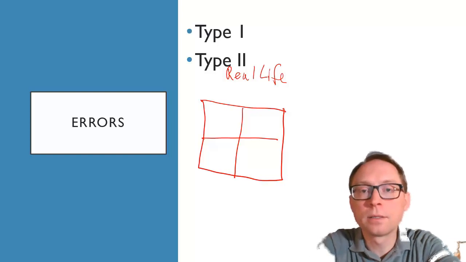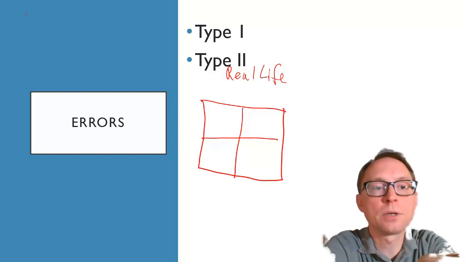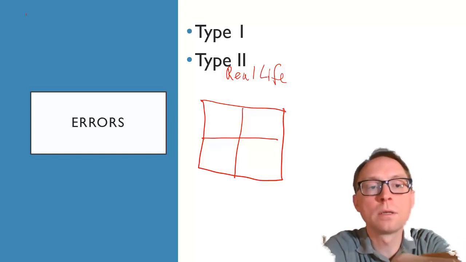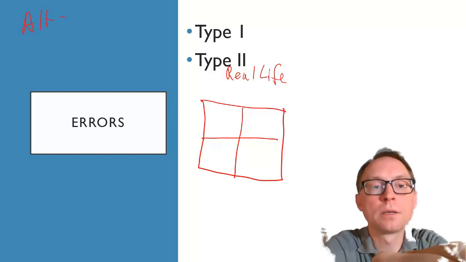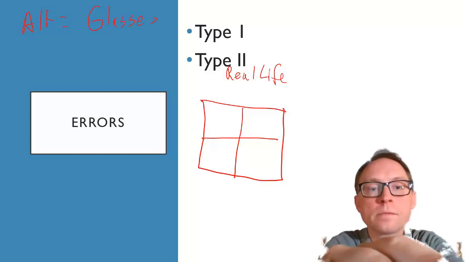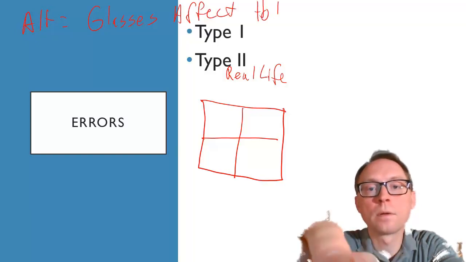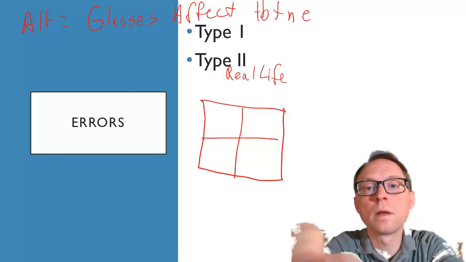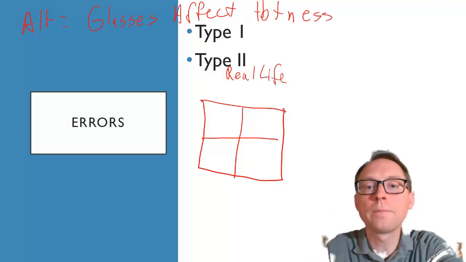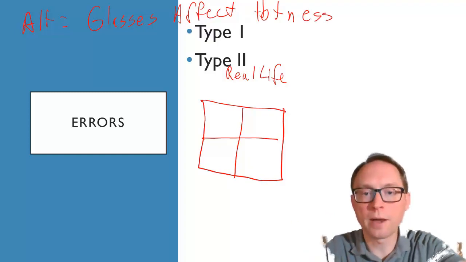My alternative hypothesis was glasses affect your hotness. Okay, so that's my alternative hypothesis.